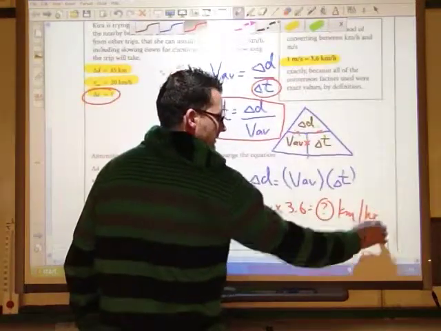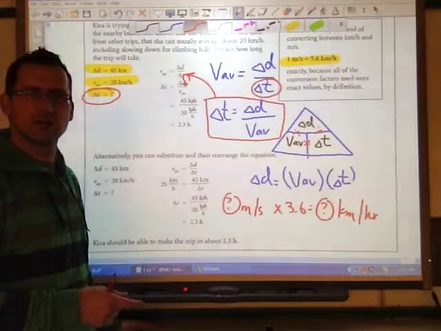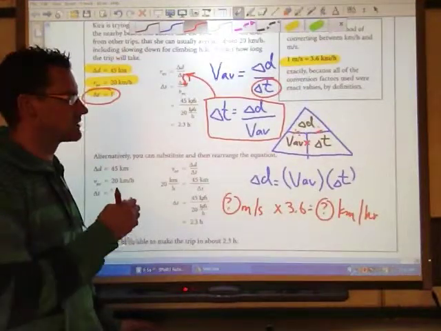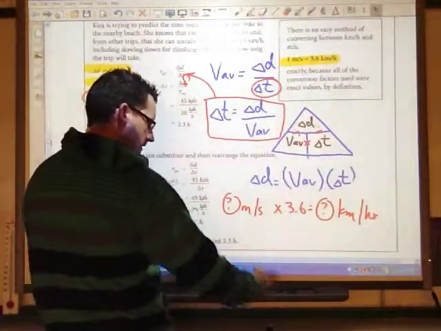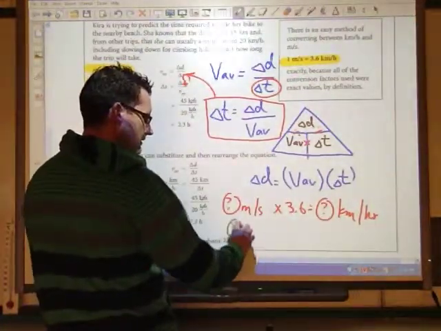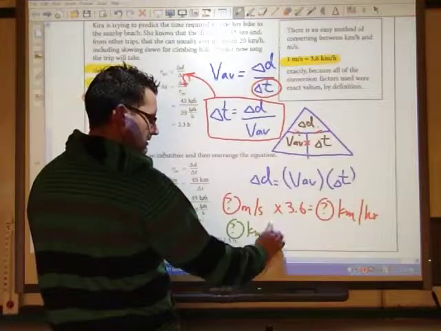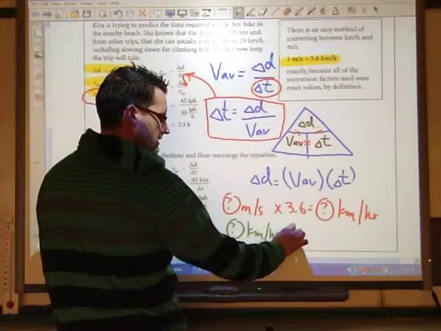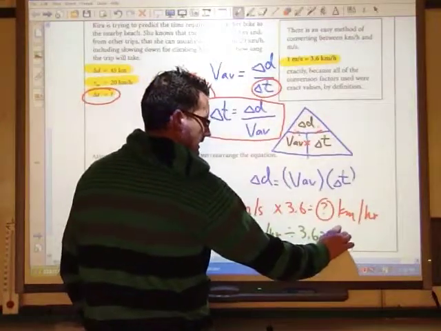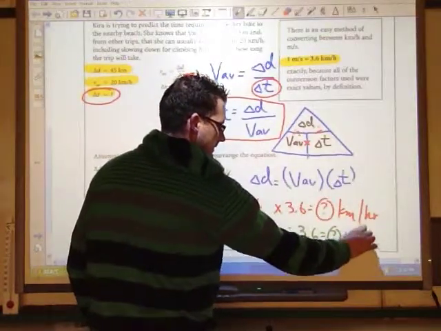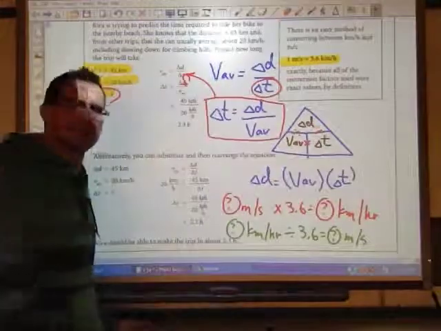So that little lab that you did in which you figured out the speed you could run at, we calculated it in terms of meters per second, then converted it to kilometers per hour. Or vice versa, if we have a speed value in kilometers per hour, to change to meters per second, we divide by 3.6, and that'll give us our units in meters per second.